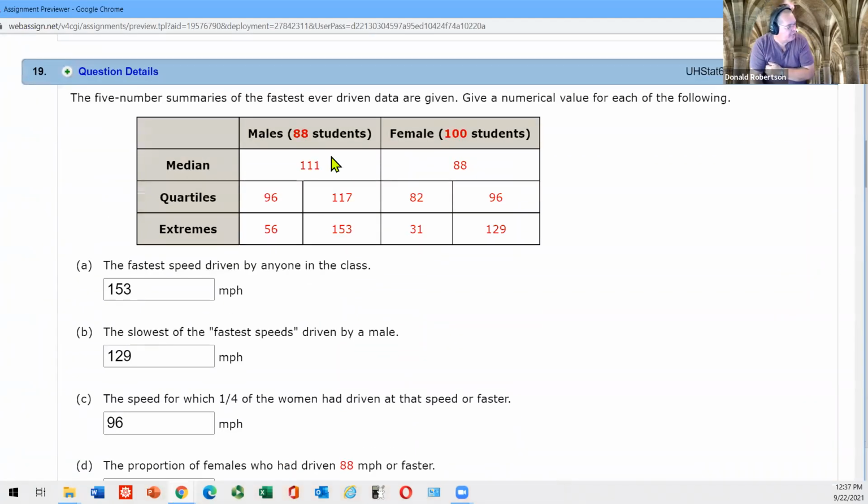Be a better question if they'd done it for the guys. 88 of the guys, right? And the question would be, how many of them have done 111 miles or faster? And the answer is half of them. And wouldn't that have been 44 guys?